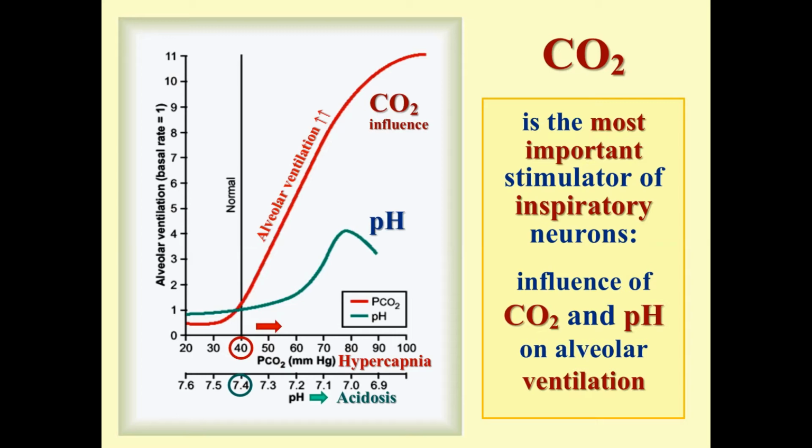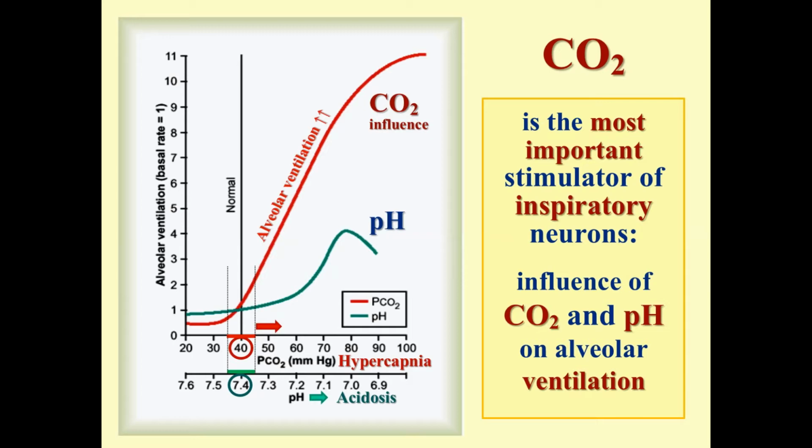As for changes within the norm, let's observe the normal values of pH from 7.35 up to 7.45. This range practically does not change alveolar ventilation, but the CO2 range is very different. From 40 it may be plus or minus 5, 35 mmHg up to 45 mmHg.